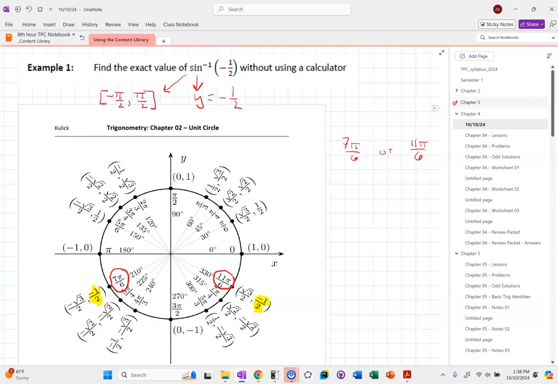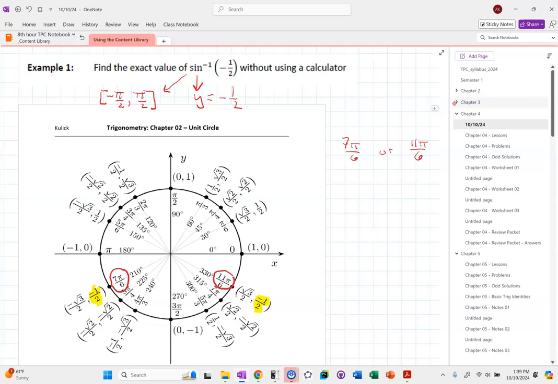Is 7 pi over 6 in between -pi/2 and +pi/2? If you have trouble seeing it with the fractions, let's pull the pi's off. So 7 pi over 6, let's just call 7/6. Is that between -1/2 and +1/2?